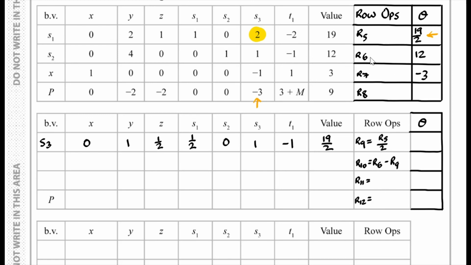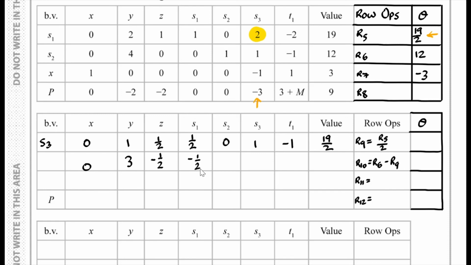So we have 0 take away 0, which is 0, 4 take away 1, which is 3, 0 take away a half, which is minus a half, and then we continue this.